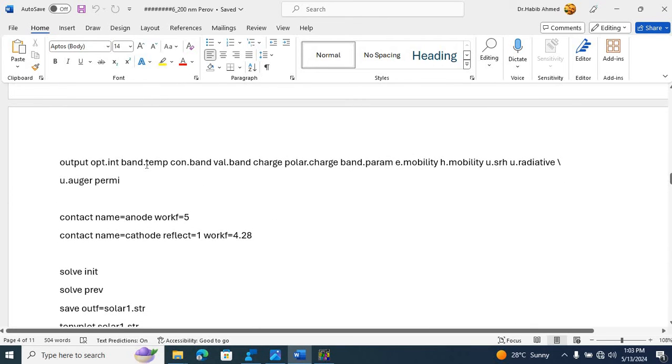And then in order to look at various output parameters, I'm using the command of output. So I want to look at the optical intensity, the conduction energy level, the valence energy level, polarity charges, electron and hole mobility, recombination parameters, radiative, Auger recombination, and permittivity, etc., those kind of parameters.